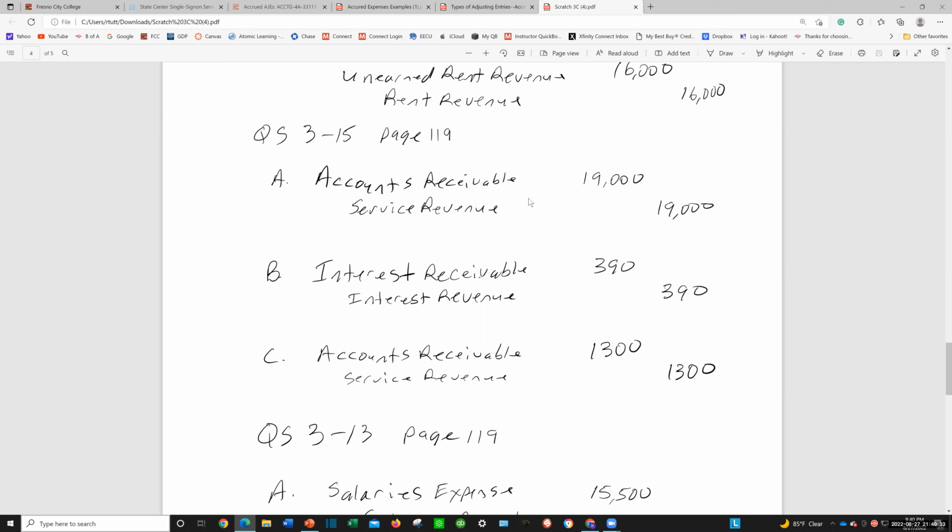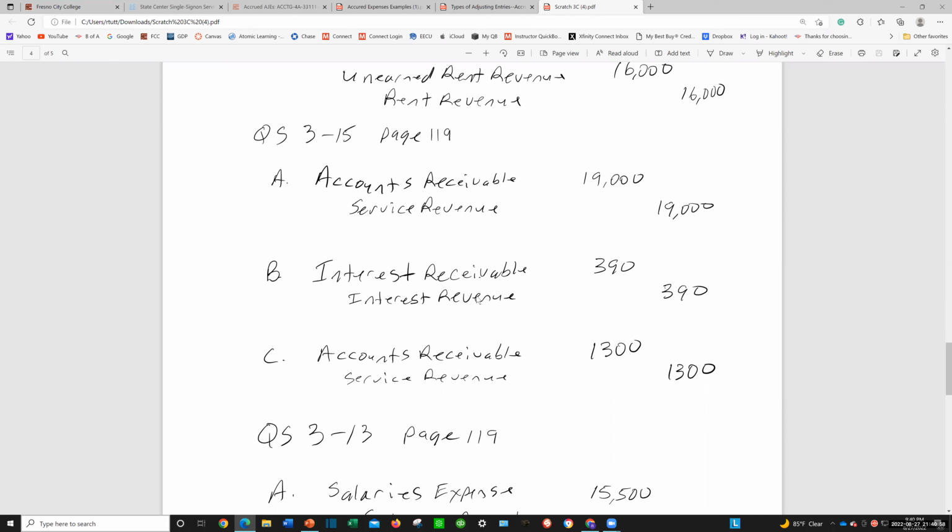Okay, so debit accounts receivable, credit service revenue. Now on the top of page 120, B, we're talking about interest receivable. At year end, the company has earned, but not yet recorded, $390 of interest earned from its investments in government bonds. Okay, we earned interest, right? So we've got to record it because we earned it.